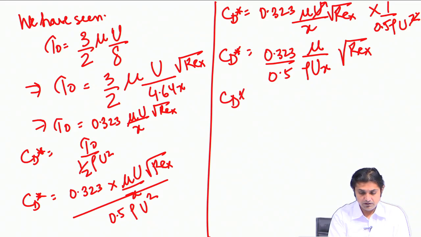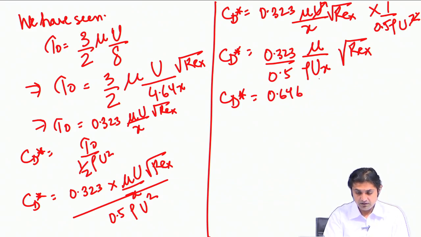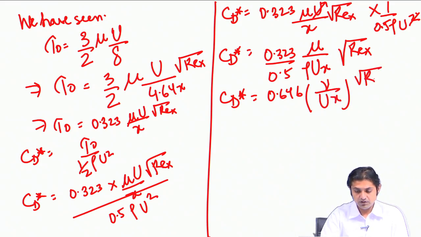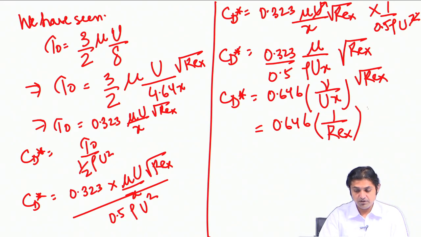So CD star is equal to 0.646, and now this mu by rho is nu, and capital U x by nu is the Reynolds number.